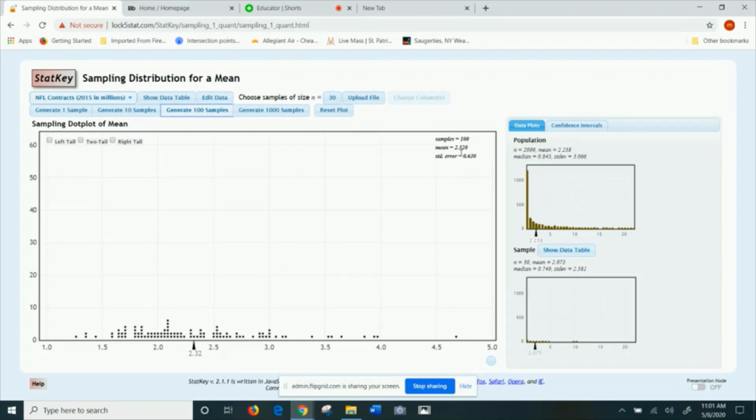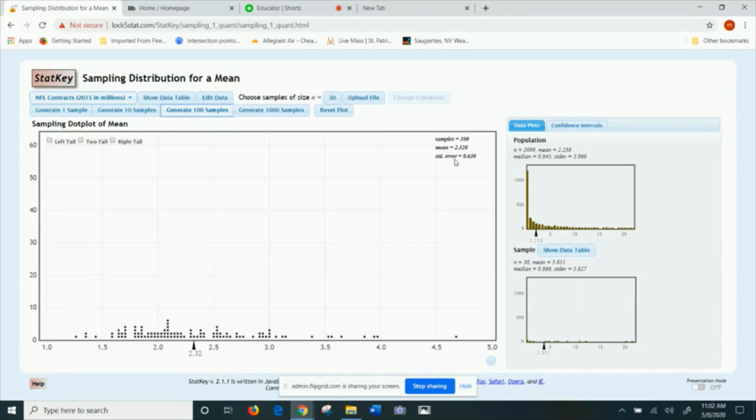And notice the mean here. This is the mean for the 100 sample distribution. So it's 2.32, which is close to the 2.238, which is the population mean.